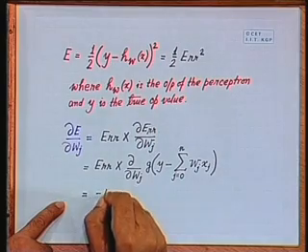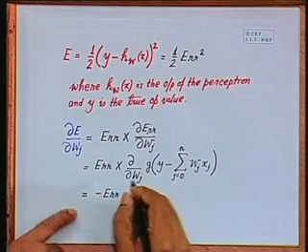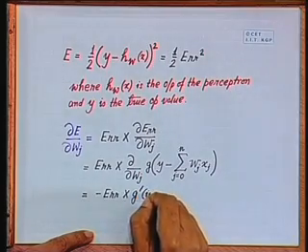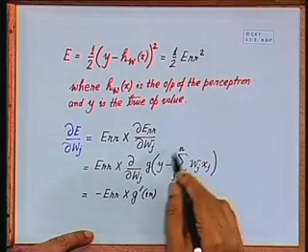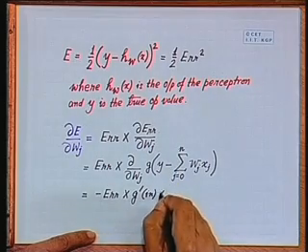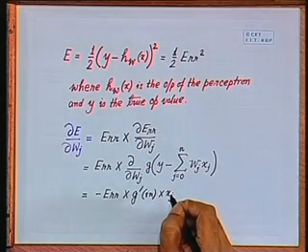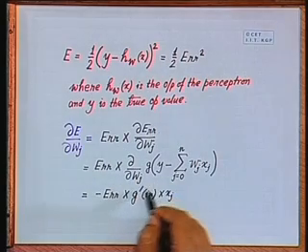The error is in terms of the output that we get. So, this comes to minus of ERR into G dash of IN, where IN is this total input, times xj.